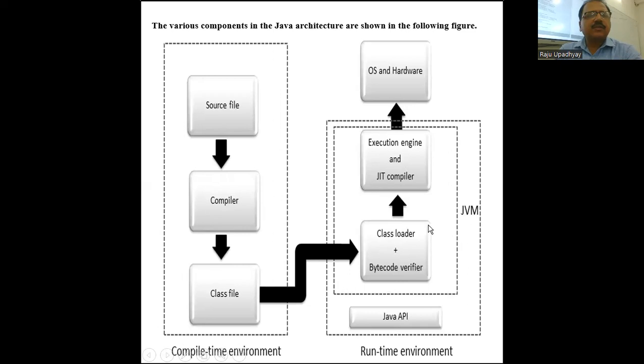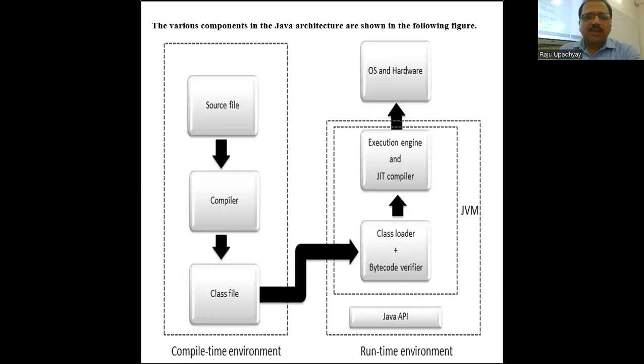So as I mentioned, JVM is an application that is responsible for executing any kind of Java program on our system, right? It always resides in the RAM. So if you are going to run a Java program, the JVM needs to be loaded on your target system, and it is specific to every platform.